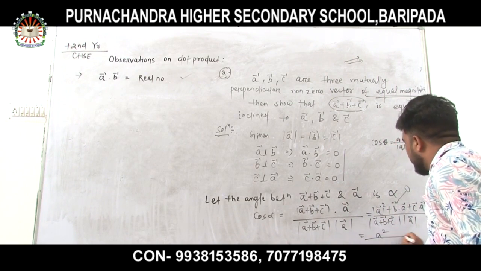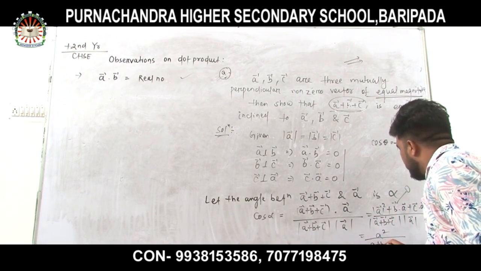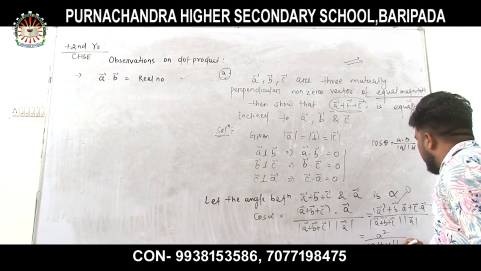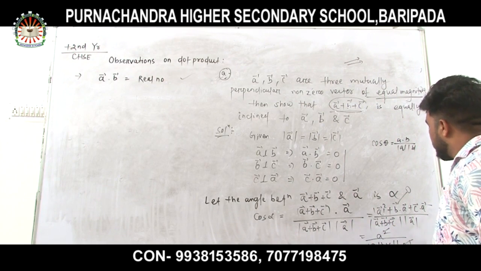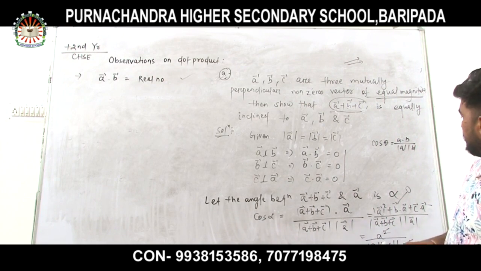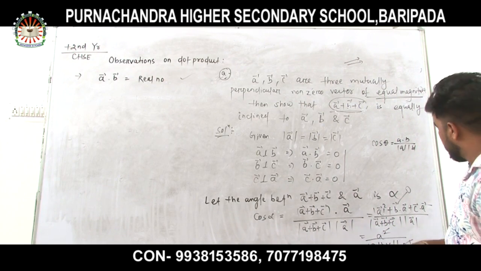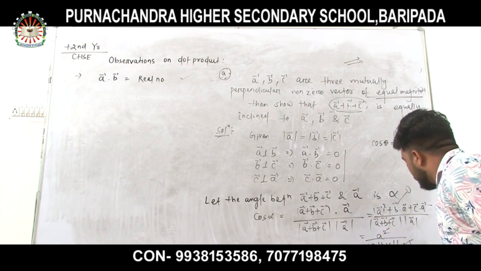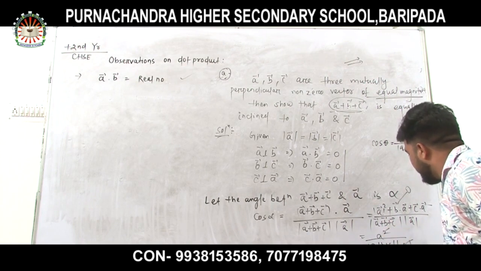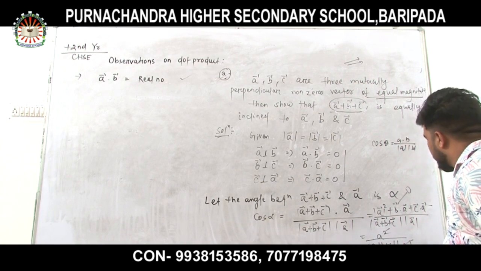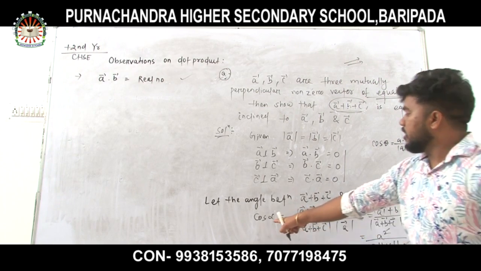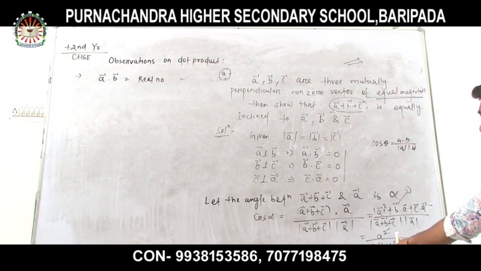A square by magnitude of A plus B plus C times magnitude of A, A and A cancel. Cos alpha is our magnitude of A by magnitude of A plus B plus C. This is equation 1.